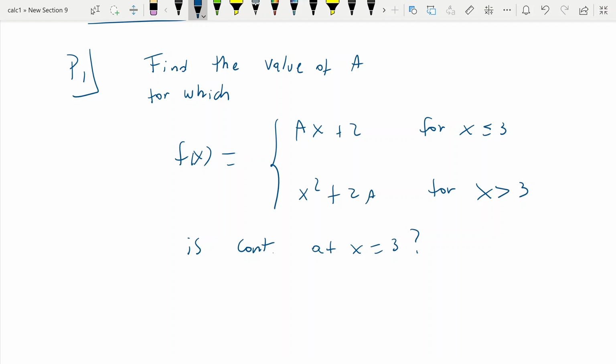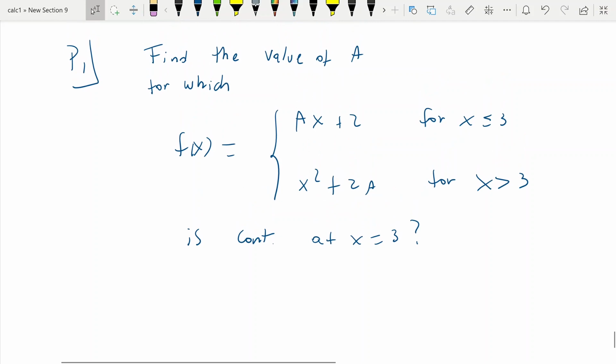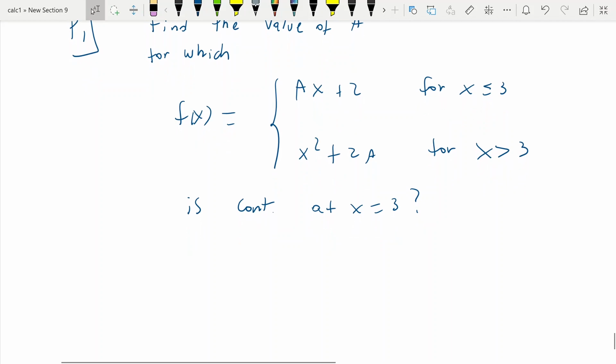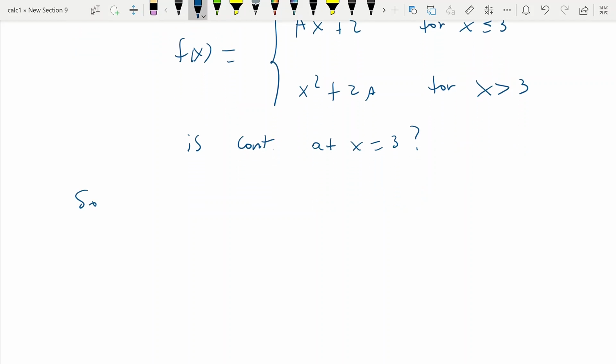So the function is defined a certain way for values smaller than or equal to 3 and greater than 3. And those two expressions are continuous, so you definitely have left and right hand limits, and you have to make sure that the value of the function and those left and right hand limits are equal to each other. Okay, so let's try to solve this problem.